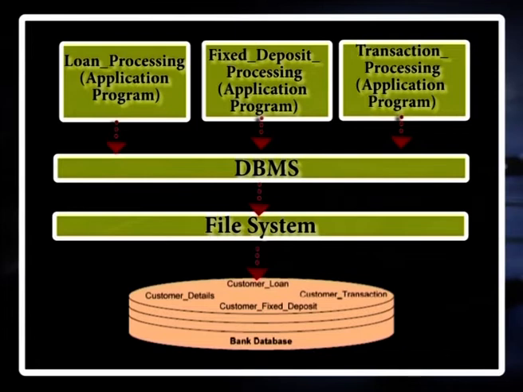The files are maintained by the file system under the operating system control, whereas in the DBMS interface, the end user uses an SQL interface to place a request to the DBMS to retrieve data from the customer details table.